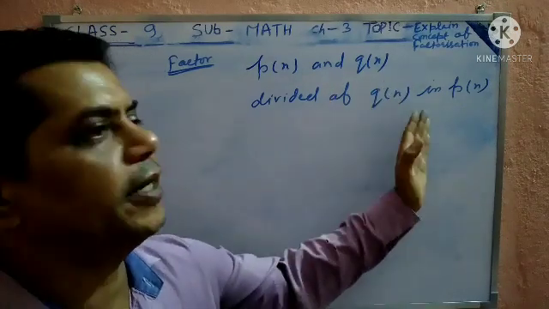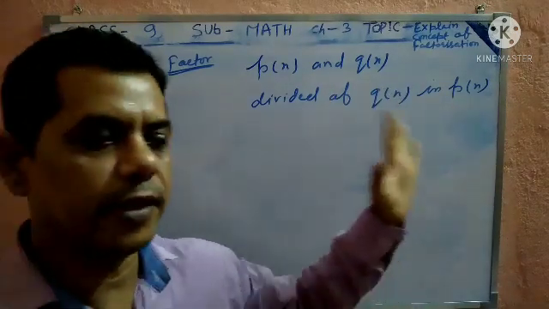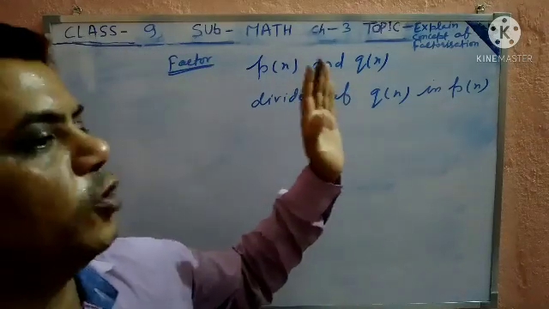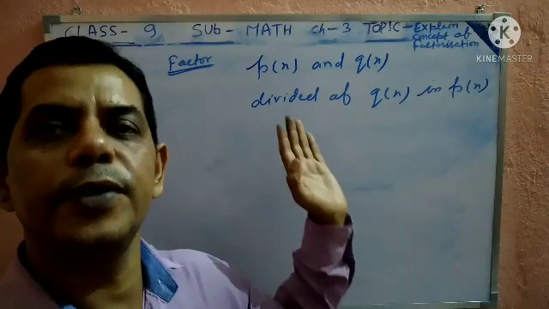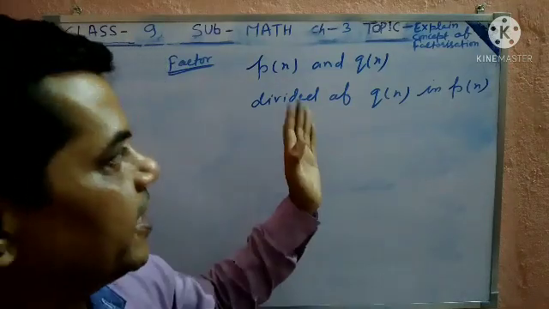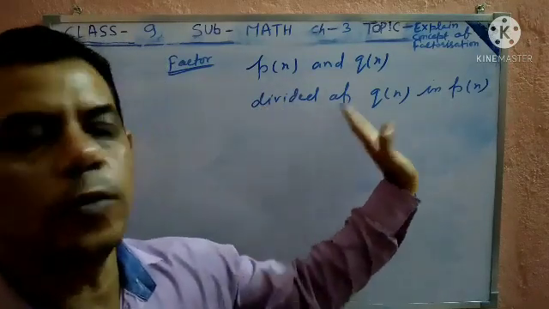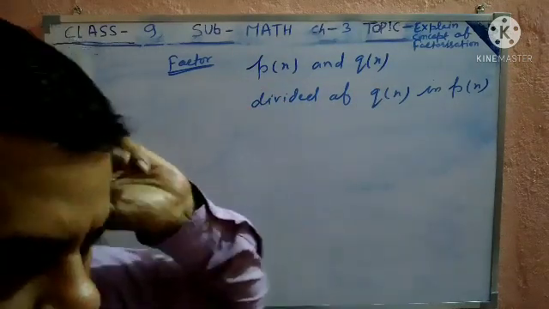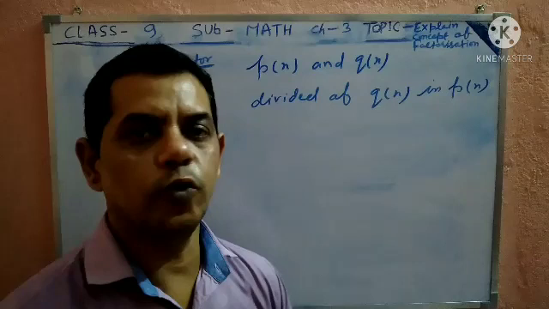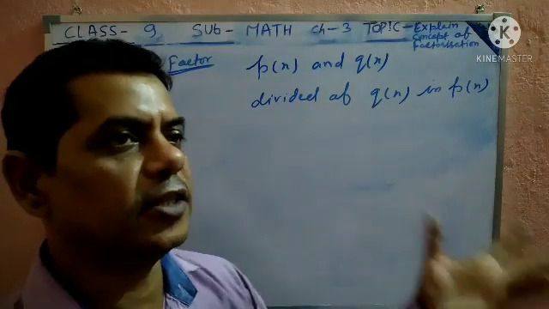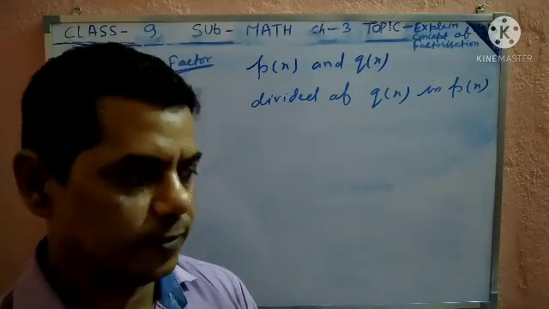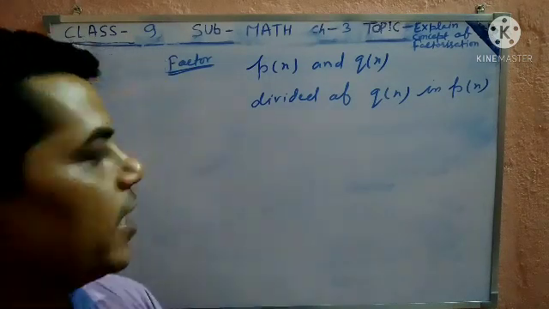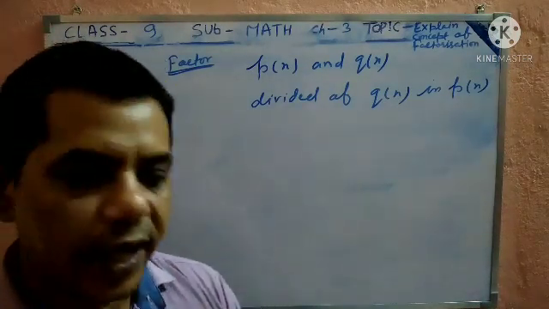If the remainder is 0, then q of x is a factor of p of x. That means p of x is divided through q of x, so it is divisible, and we say that q of x is a factor of p of x.